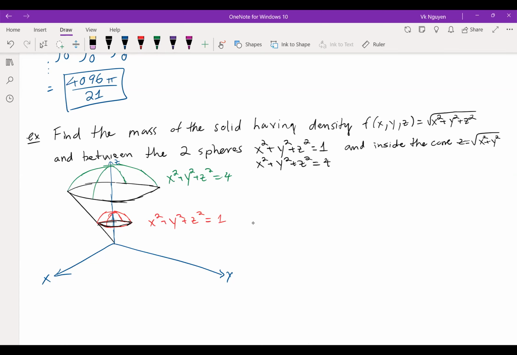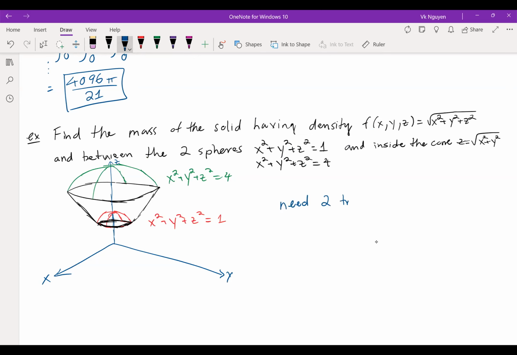I'm just going to have to redraw this thing here. This is what the solid looks like.